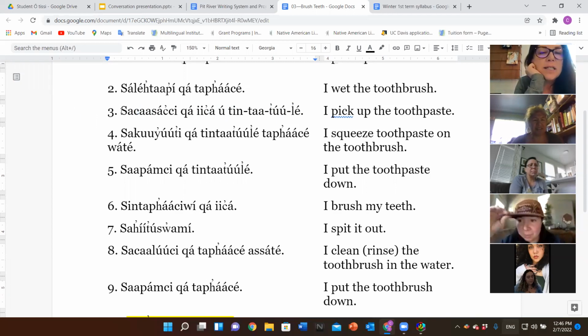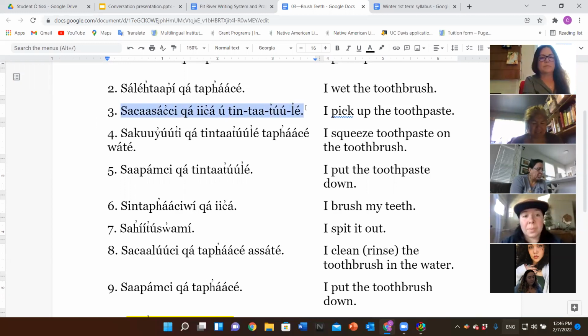Saja sachji ga ita u dinda tu le. Saja Sachji Ga Ita. Icha u Dinja Tutle.